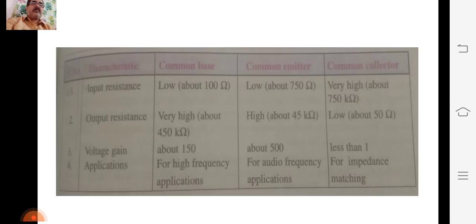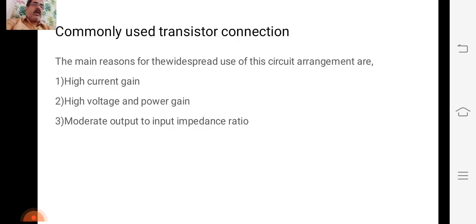First is high current gain. In common emitter connection, IC is the output current and IB is the input current. In this circuit arrangement, the collector current is given by IC is equal to beta IB plus I suffix CEO.